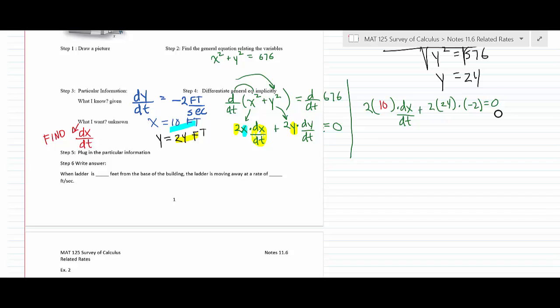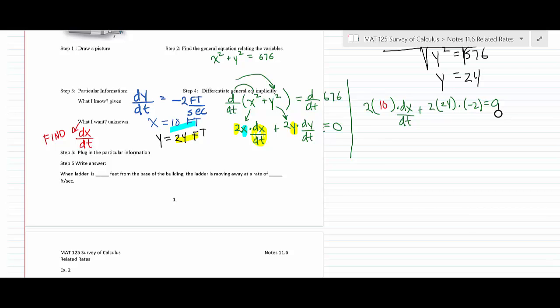X was 10. That was given in the problem. dx over dt is what I'm trying to find. And over here, y, we found that. Remember when we did the Pythagorean theorem? We had 10, 26 already. We found 24. And then dy over dt was the rate you were given. So that's it. Does that make sense?